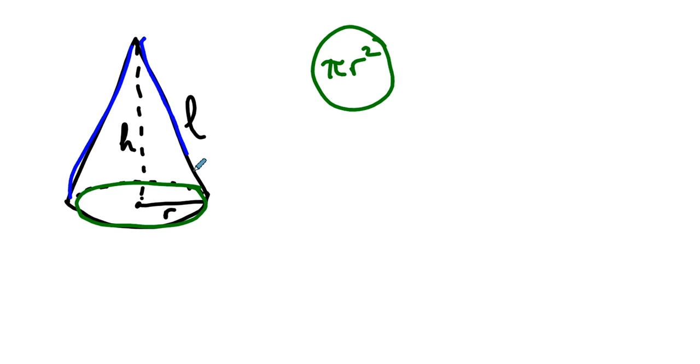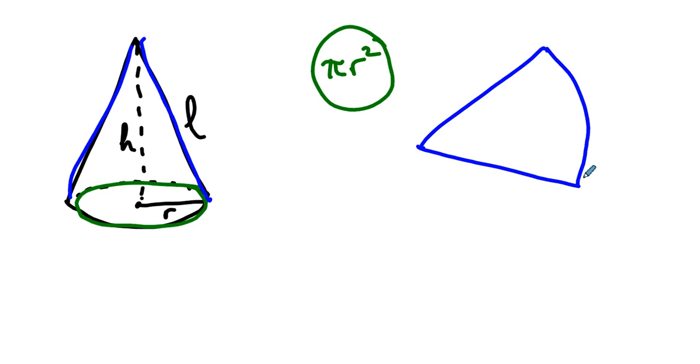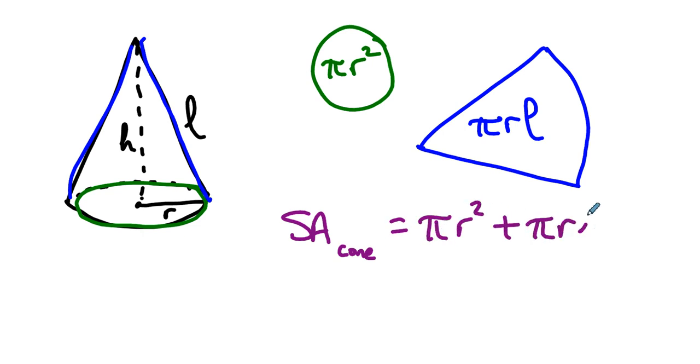But the rest of it is not easy because the rest of it is a sector of a circle. And it turns out, for reasons that don't really matter to our course, that that's pi r times the slant height, pi r times L. So the surface area of a cone is pi r squared plus pi r L. It's the circle's equivalent of pyramids, which we can break down in the usual way.